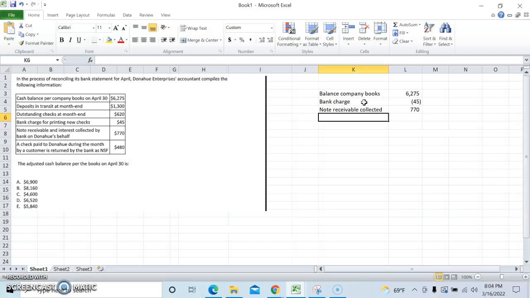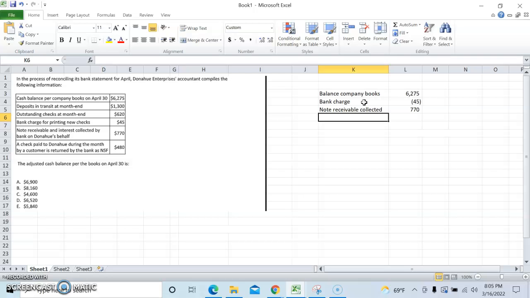Well, when we received the check, we assumed on our book side that our cash went up because we thought we were going to get that money. But now it's going to go down because we're no longer going to receive that money. We thought we were going to receive 480, and we put 480 in our accounting system. Our cash went up.